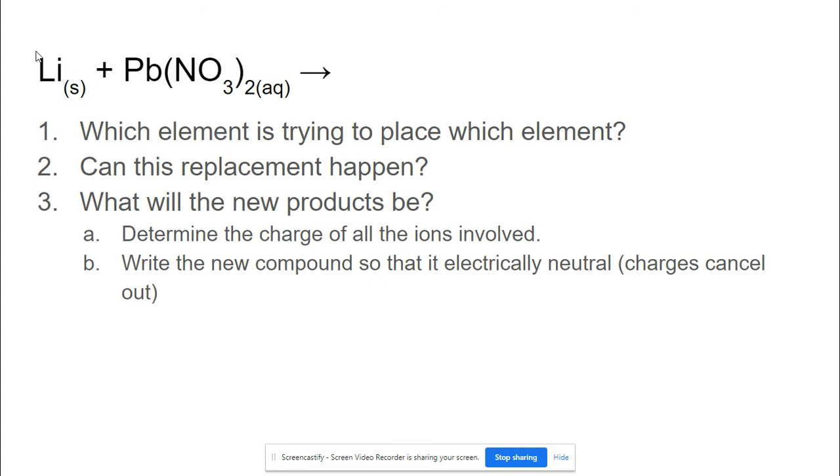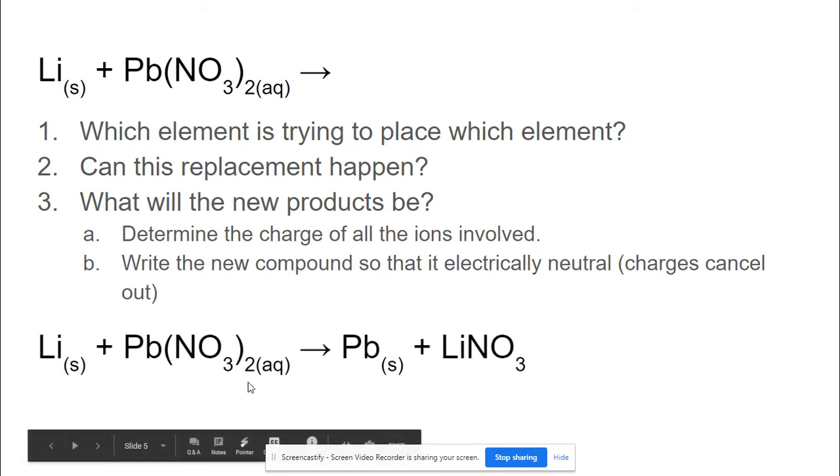The charge of lithium, if you look on your periodic table, lithium is a +1. Lithium is going to replace lead and bond with the nitrate. Nitrate is a -1. So lithium's a +1, nitrate's a -1, so we just need one of each to make that compound.